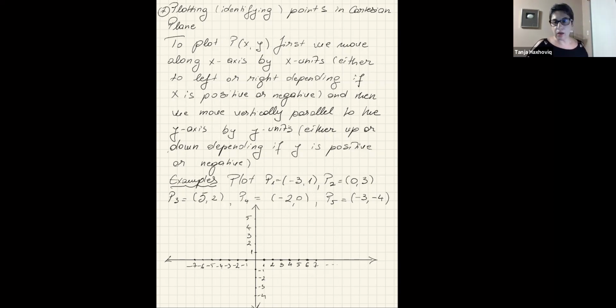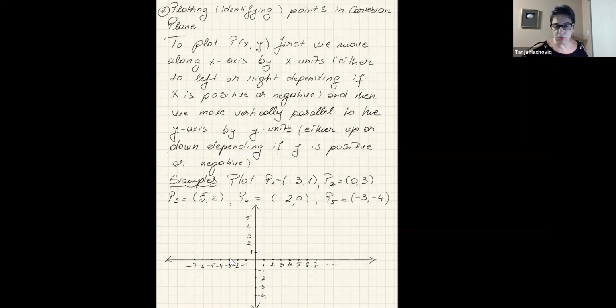All right, point P1. First, we move minus 3 horizontally along the x-axis. Since minus 3 is a negative number, the negative axis lies right here. So I'm going to move 3 units to the left of 0 horizontally, because again, I'm dealing with minus 3. So 1 unit, 2 units, 3 units, minus 3. The y coordinate is 1, a positive number.